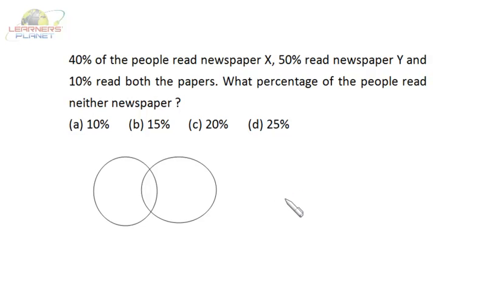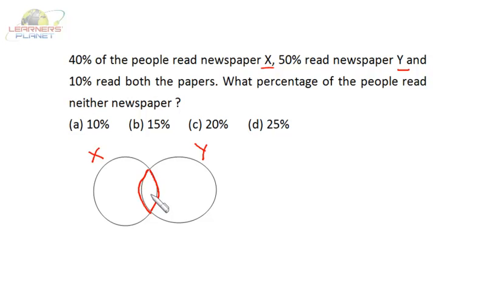Now let's take this problem. Once again, a Venn diagram problem. Here we have been given two types of newspaper, that is X and Y. This circle represents the newspaper X and this circle represents the newspaper Y, and this portion represents X and Y both.